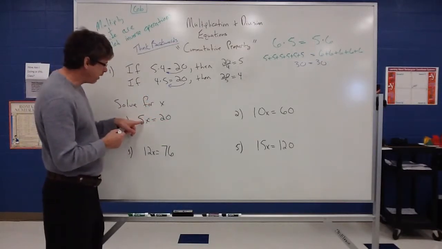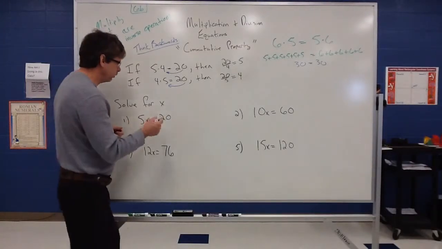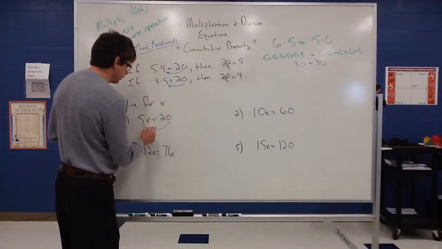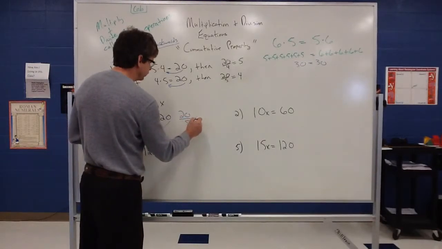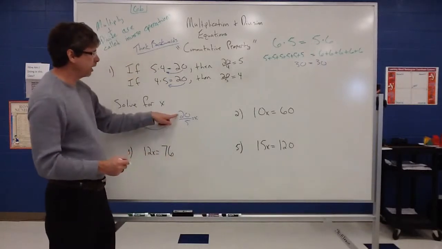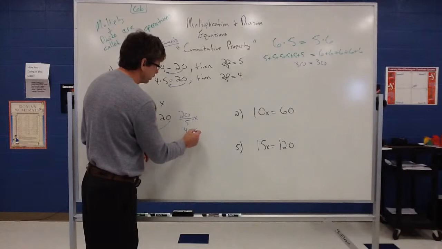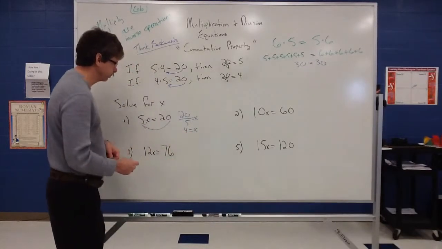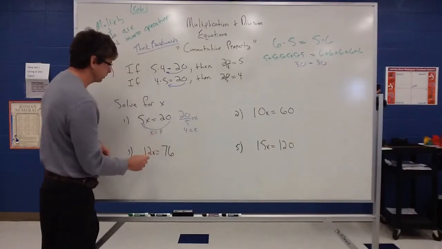If 5 times x is 20, going backwards I could say 20 divided by 5 is equal to x. We can simplify 20 divided by 5, which would be 4. Therefore, x would equal 4. So I could say x equals 4 would be my solution.